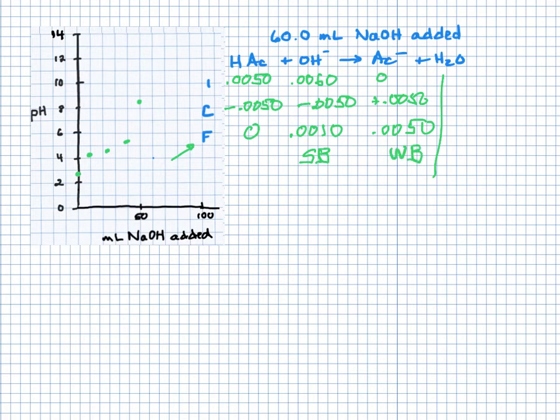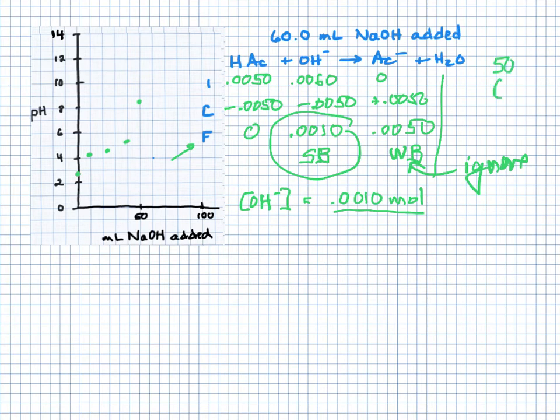When you have a strong base and a weak base, you can ignore the weak base. It's going to ionize so little that it's not going to matter. So all I'm going to do is look at the fact that I have a strong base. And the concentration of OH minus is going to be 0.0010 moles, but I need to divide by the total volume, so the 50 I started with and the 60 I added, so 110 milliliters, or 0.110 liters.